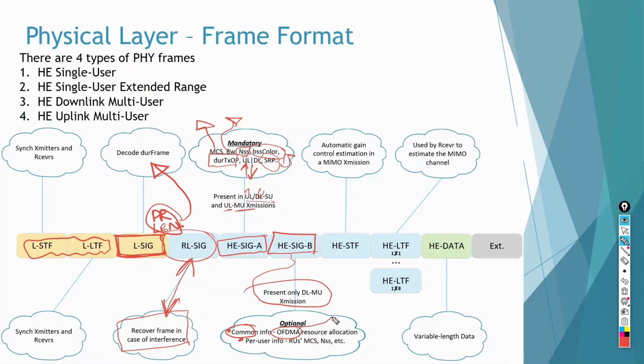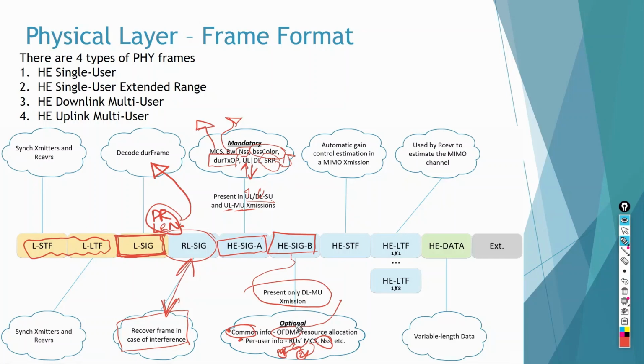OFDMA is a very important topic in 11AX, and we will talk a lot about OFDMA later on. The per user info within the multi-user transmission is also very important, because assume we have two users, then we have to define the frequency allocations for each one, as well as the MCS used in order to transmit data to that user, the number of spatial streams, etc.